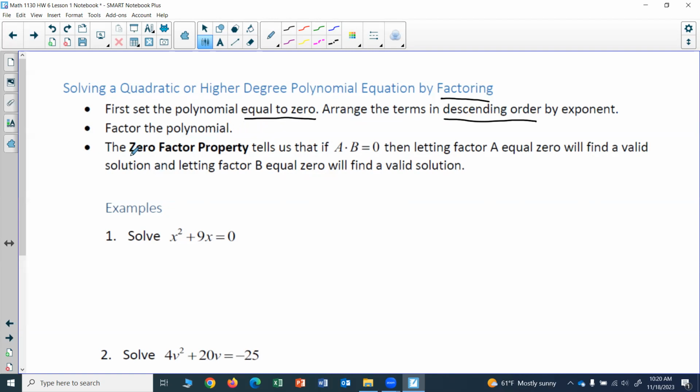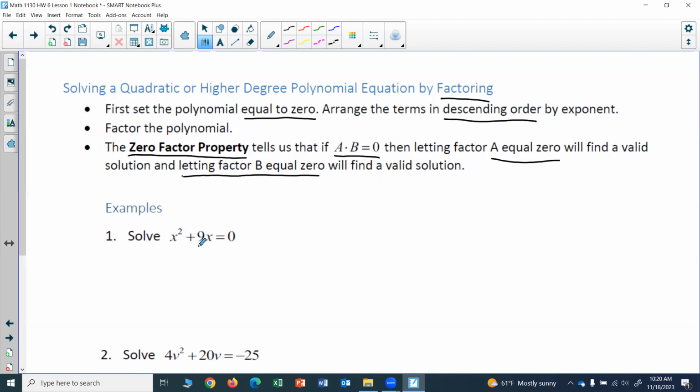The zero factor property tells us that if a times b equals 0, then letting factor a equal 0 will find a valid solution, and letting factor b equal 0 will find a valid solution.